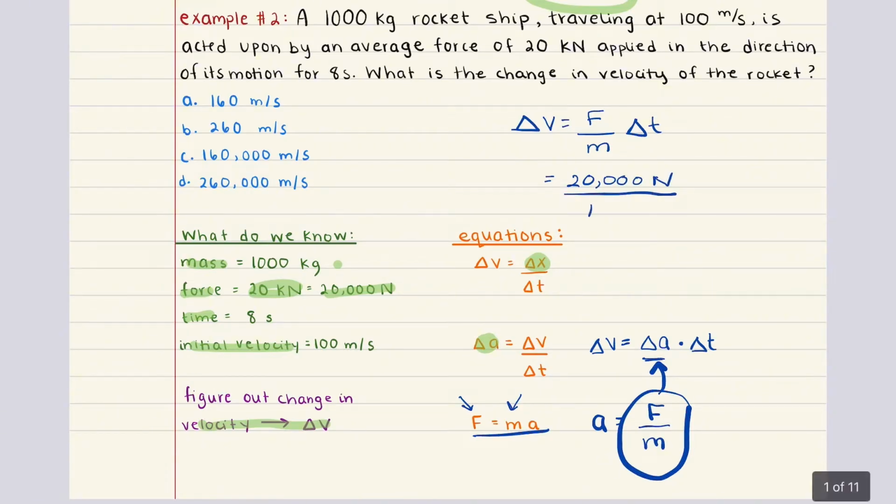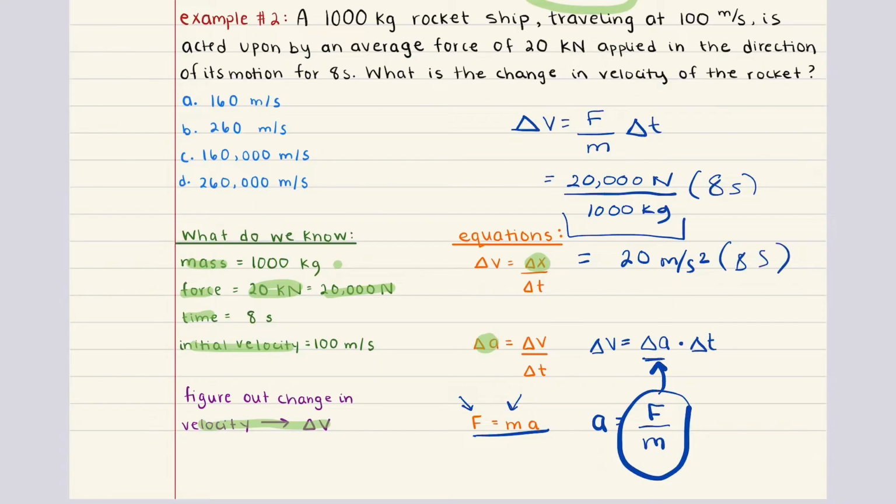Mass is 1,000 kilograms. Now, if we were to simplify this part, this would just be equal to 20 meters per second squared. And then we can't forget to multiply by delta t, our change in time, which is 8 seconds.